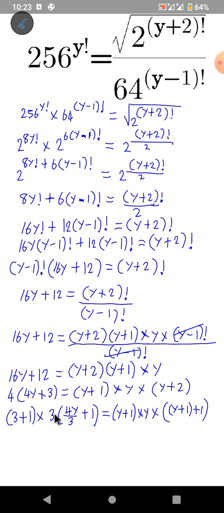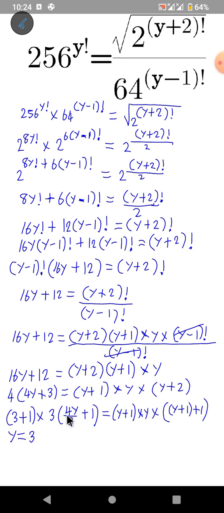So now from here, if I compare 3 plus 1 and y plus 1, we get y equal to 3. If I compare 3 plus 1 equal to y plus 1, we get y equal to 3. Then if I also compare 3 and y here, we get y is also equal to 3.